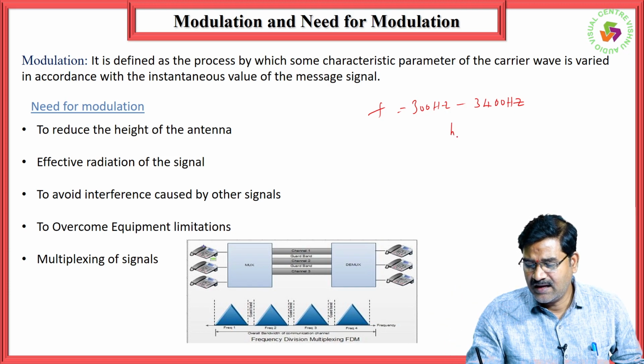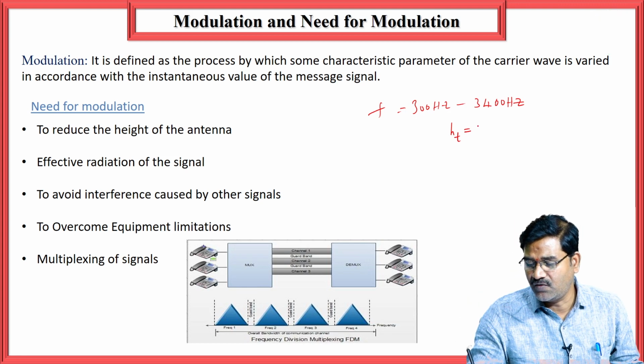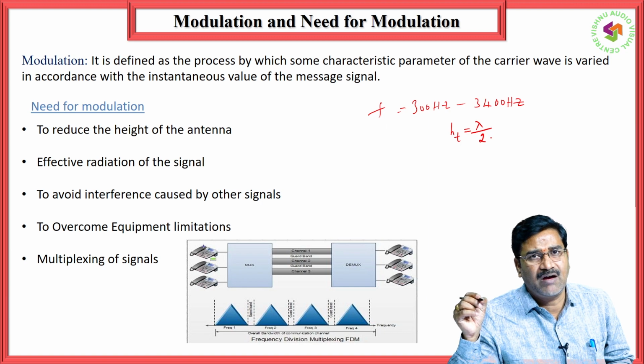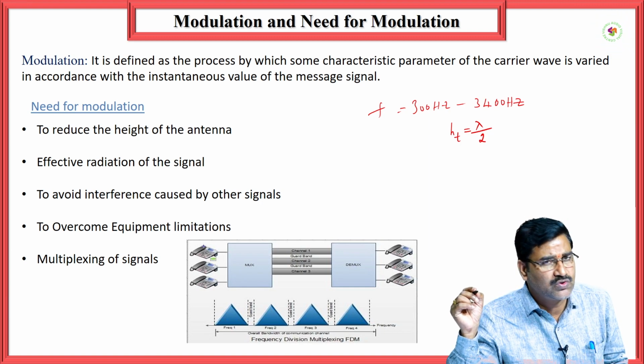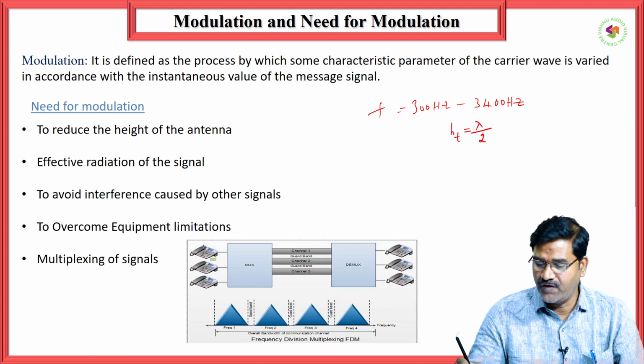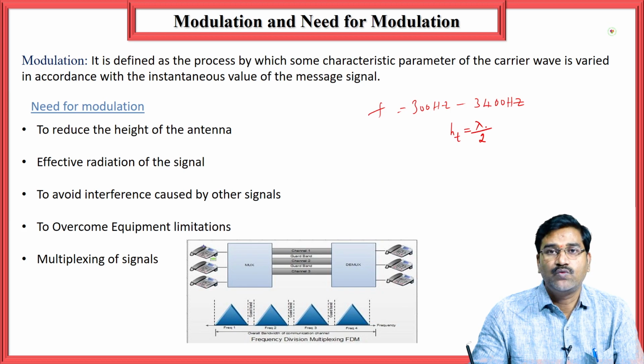The antenna height can be on the order of lambda. So let us take the antenna height as lambda by 2, which is used to radiate the signal. Let us take the half wave dipole. Lambda is the wavelength of the signal which you want to transmit.